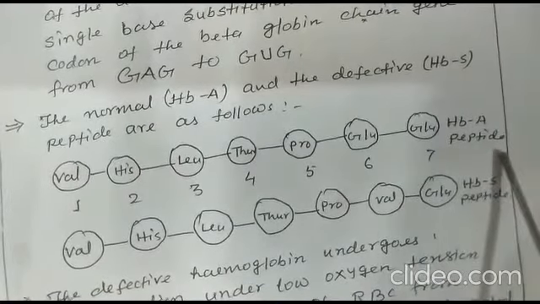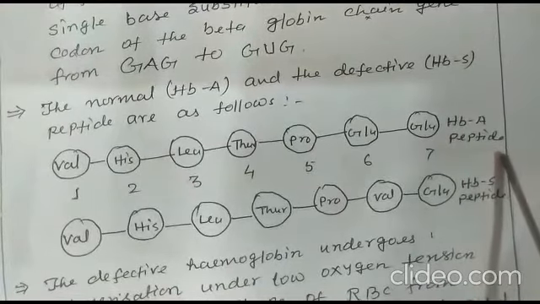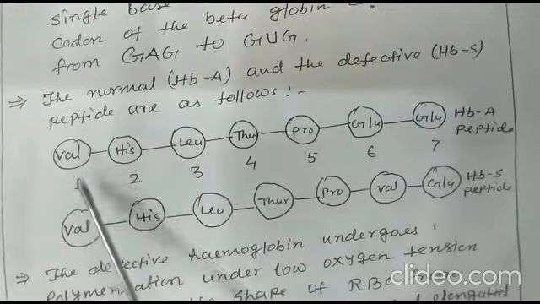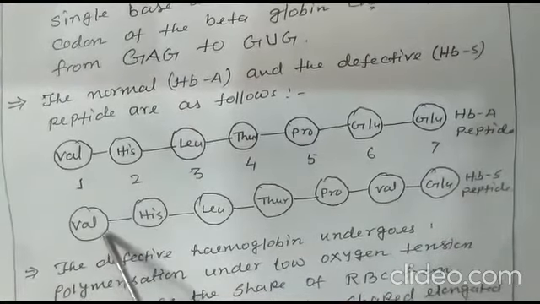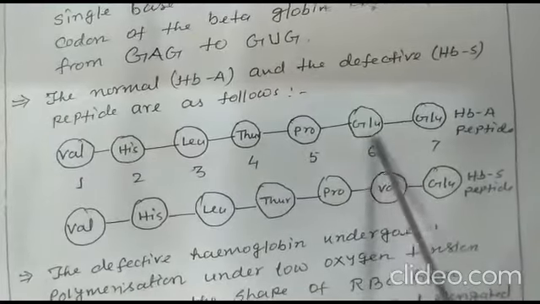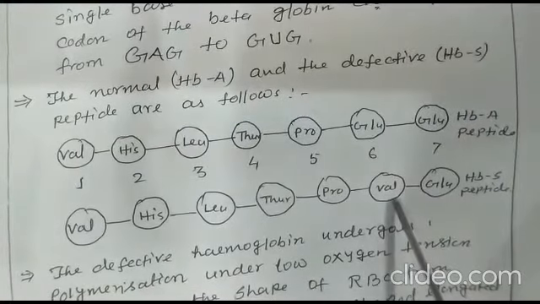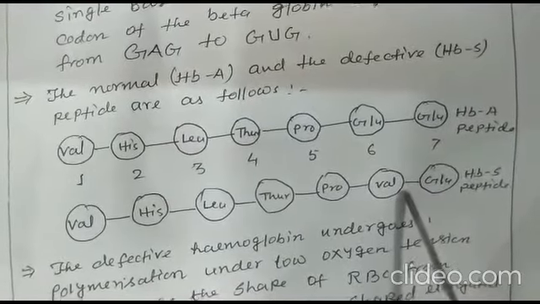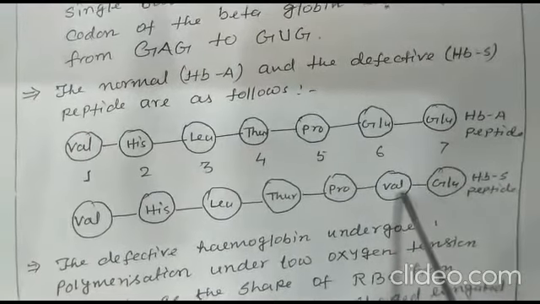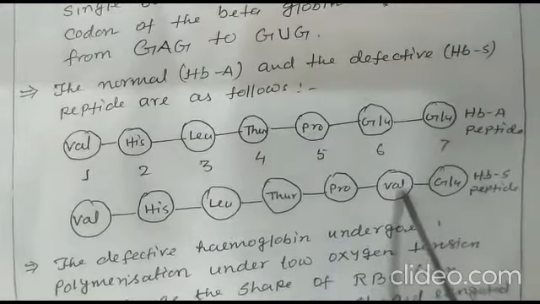It is the HbA polypeptide chain. Now here you see that at the first position it is the same, and at the sixth position glutamic acid has been replaced by valine, and thus it results in the deformation of the hemoglobin.